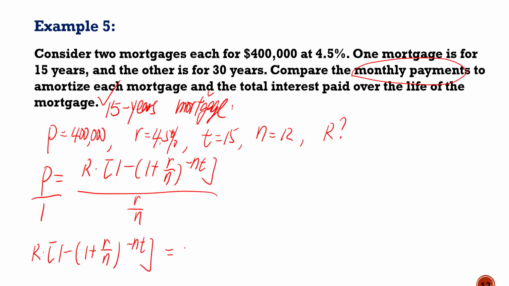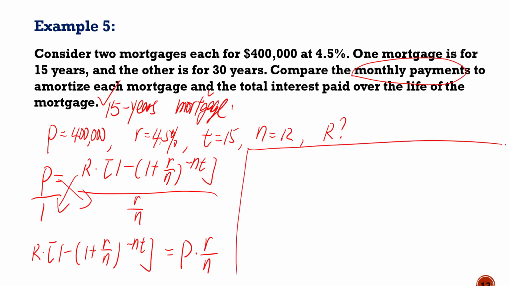And on the right is P, present value of the annuity, times the rate over the compounding period. And from here, we're just dividing both sides by the square bracket. So we get regular payment equal to P times R over N in the numerator, divided by the square bracket 1 minus 1 plus R over N to the negative NT.